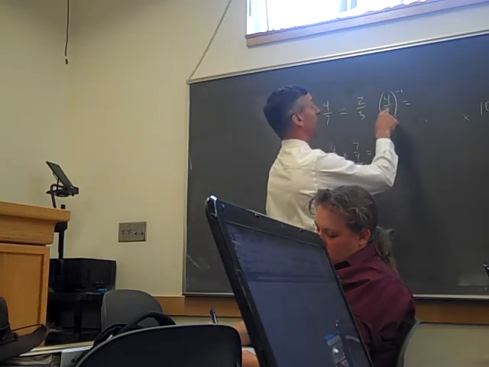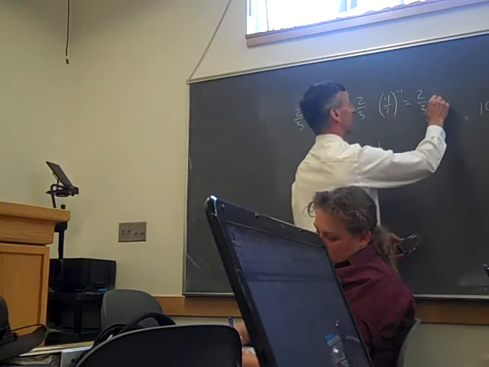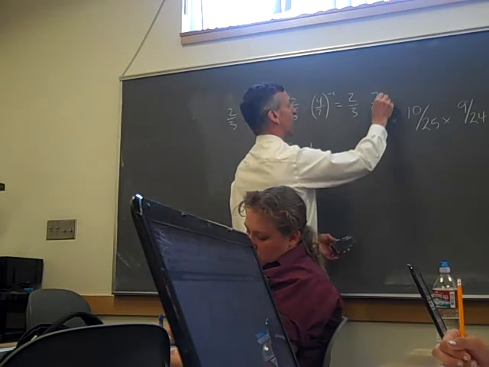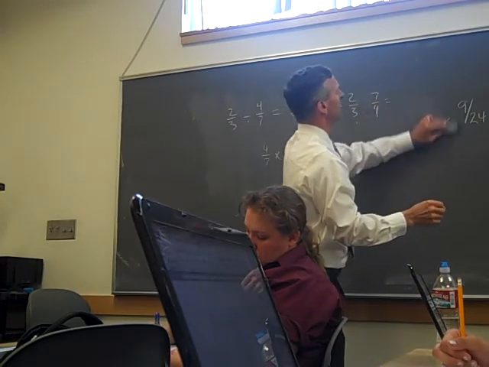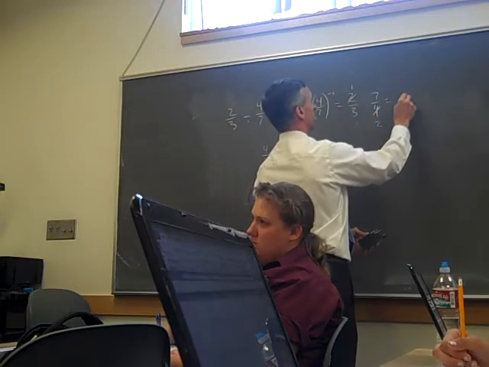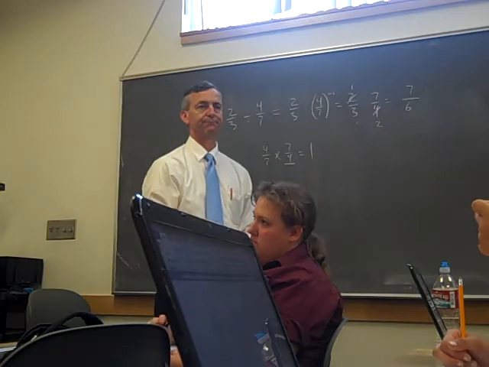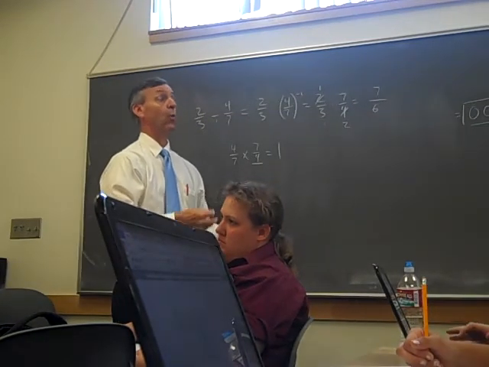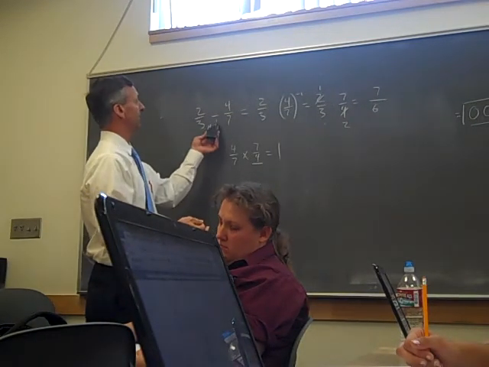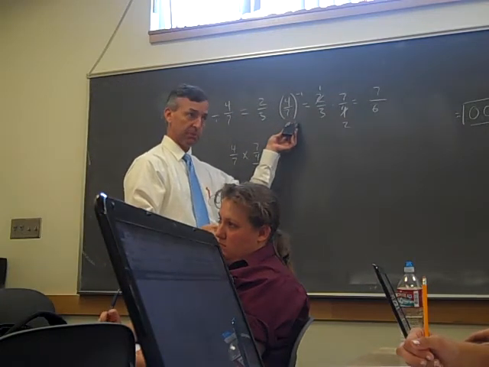So I'm going to go up here and replace the inverse of 4/7 with 7/4. And then I'm going to do the problem, and I'm going to get 7/6. So one way that we can do division is by multiplying by the multiplicative inverse.